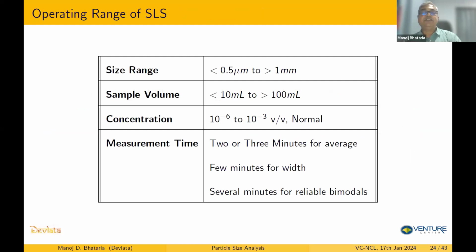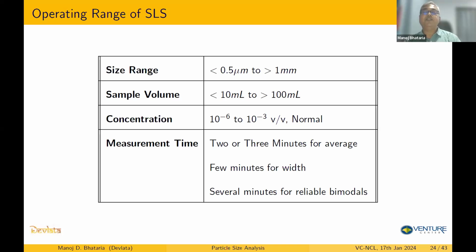The size range in this case is slightly narrower compared to sedimentation. It is around say 0.5 microns. Sometimes some instruments claim to go even smaller than this, and it can go even higher. One millimeter is fine, but it can go even higher.